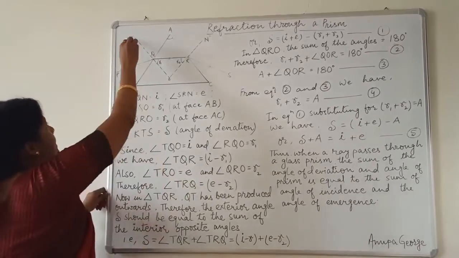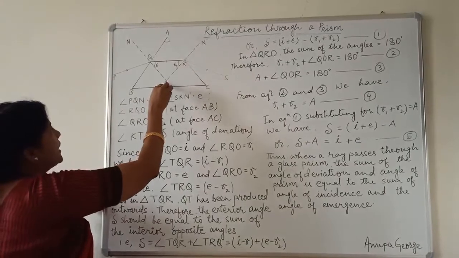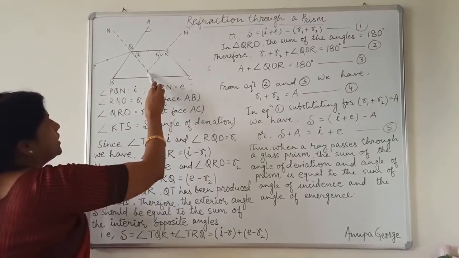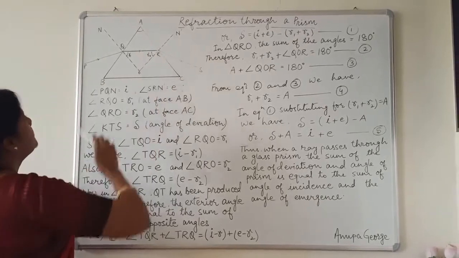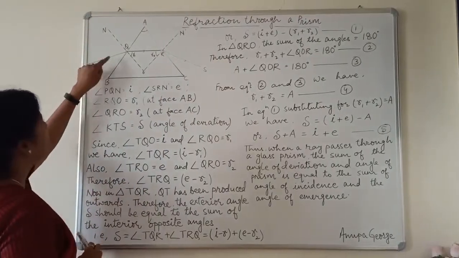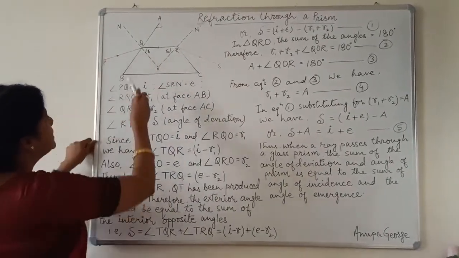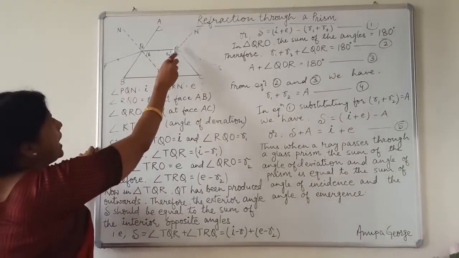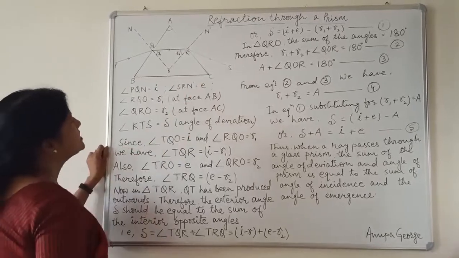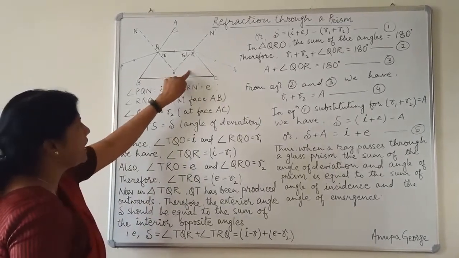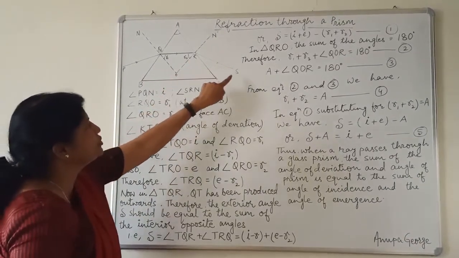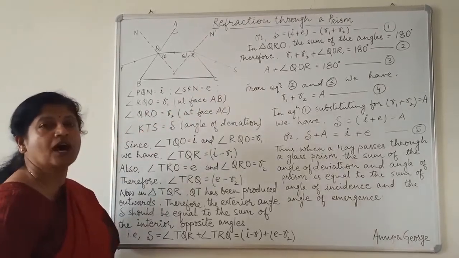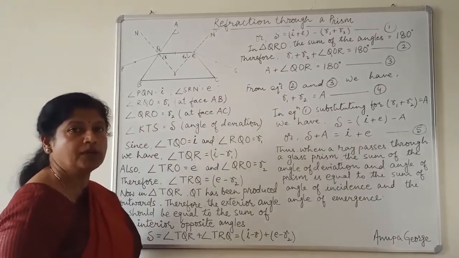Here you see NO is the first normal, N dash O is the second normal. When PQ passes through the glass prism, the ray bends towards the normal, and after passing from the denser medium to the rarer medium, the ray of light moves away from the normal.